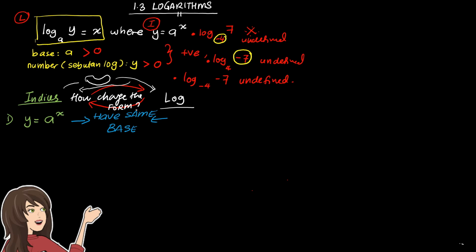This is the equation y equal to, so our base is a. So our base is equal to a. Now let's change the form by making the cashew nut. You make the cashew nut starting with the base. So our base is a.